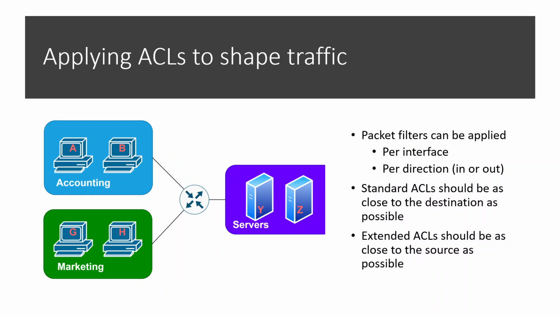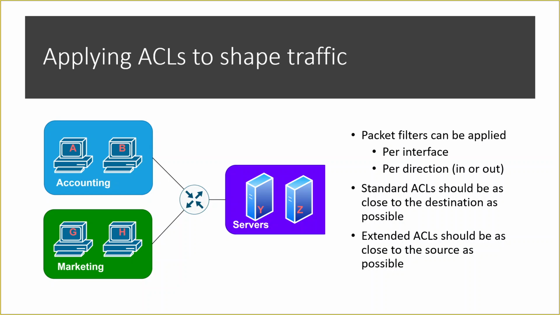General rule of thumb, as we're talking about standard access control lists: a standard access control list should be as close to the destination as possible. So in the scenario of the accounting department not being allowed to the server department or to the servers, I would probably want to put it on the server side interface in order to keep the ACL as close to the destination as possible.